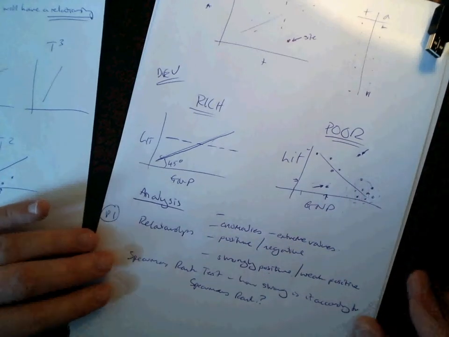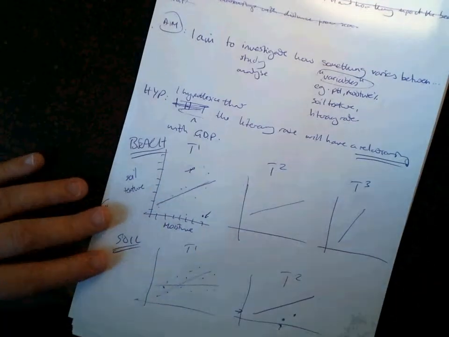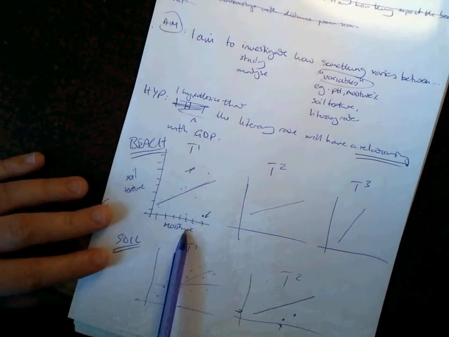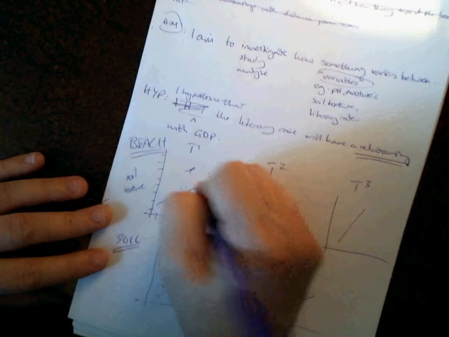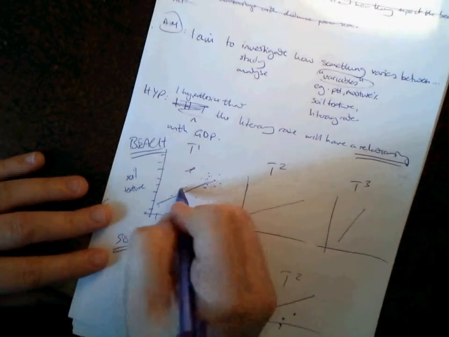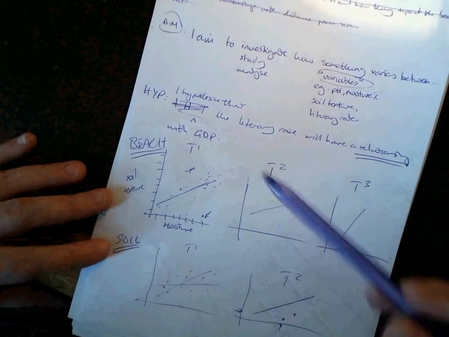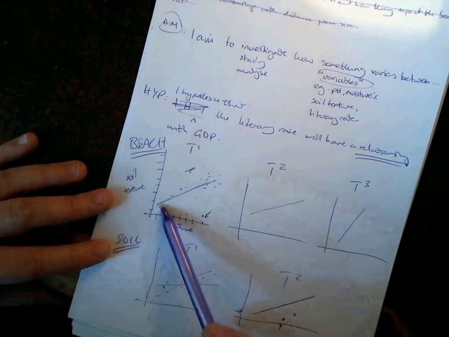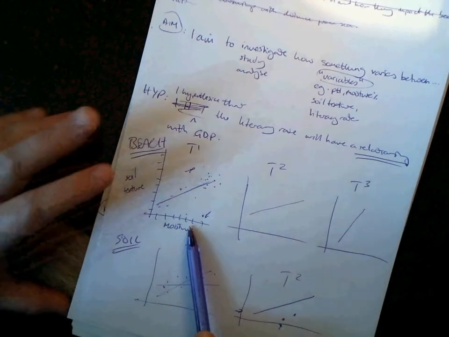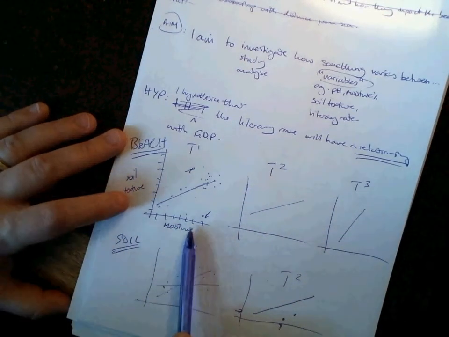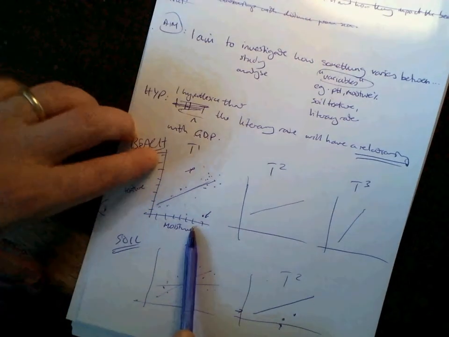So you can say, if we flick to somebody else's graph here, where we've got soil texture and soil moisture, and we've got a concentration of dots up here and fewer dots elsewhere, we can say that clearly there is a positive correlation between moisture and soil texture. The moister it gets, the more soil-like the soil becomes.